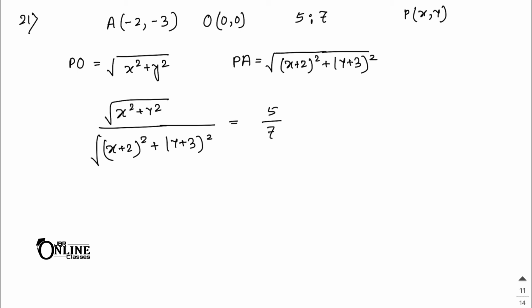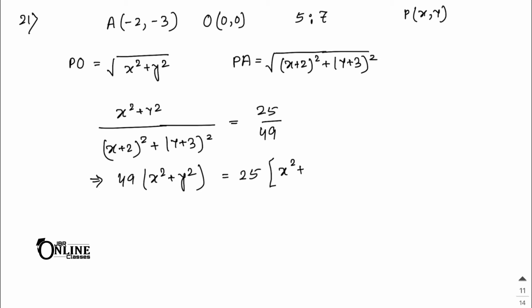If you square both sides, then it will be 25 and 7 squared is 49. I hope it's clear. Now next, 49 into (x square plus y square) equals 25 into (x square plus 4x plus 4, then y square plus 6y plus 9).